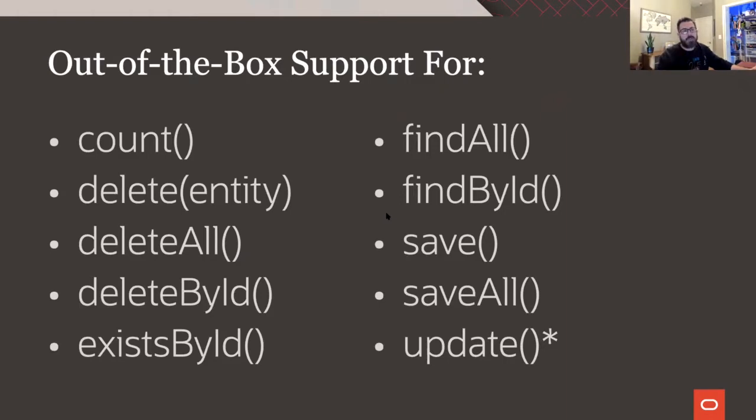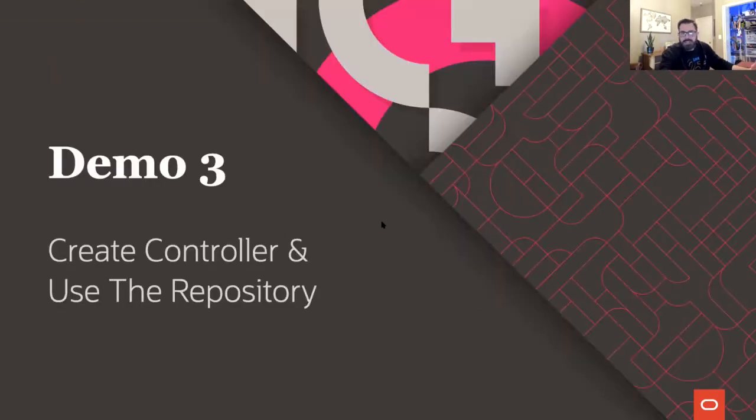That's because there's no session concept like there is in JPA, right? There's no dirty checking. So with update, you do have to declare the method and define the signature of the method, the properties that need to be updated, and it's good to go from there. Check the docs on that. Not really a big deal, but it is something that I feel like I should mention.